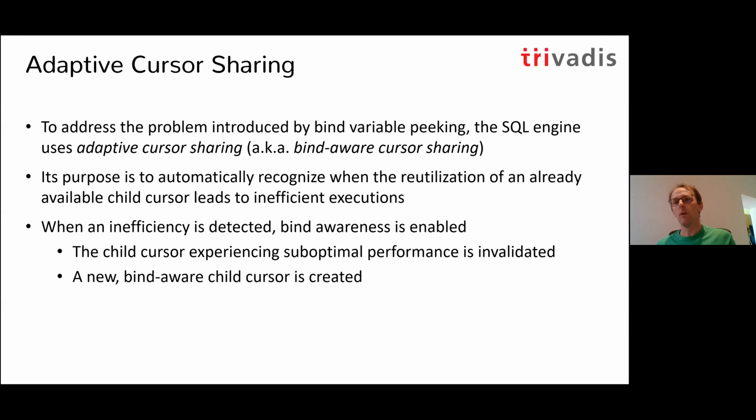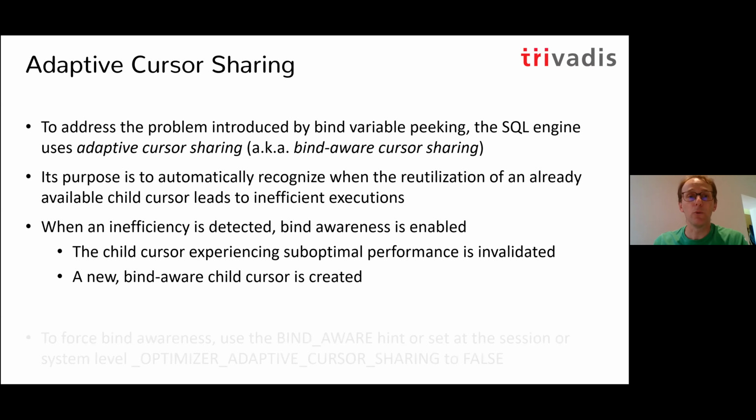As with all automatic stuff, they can solve some problems, but can introduce new ones. So it's not a solution for all problems, but I would say bind peeking without adaptive cursor sharing is in general not good. Both together can do a pretty good job in a lot of situations, but not always.